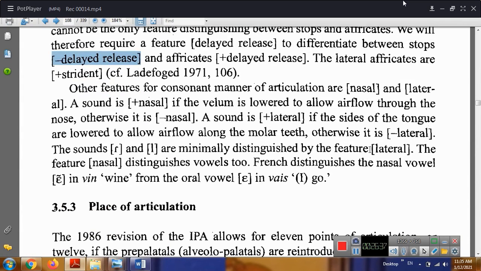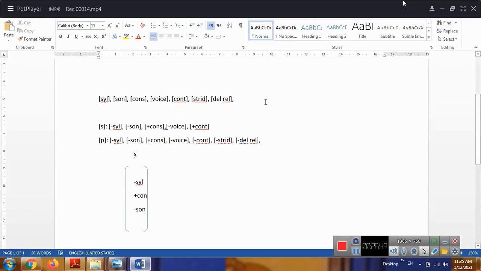Other features for consonant manner of articulation are nasal and lateral, which you are familiar with. This description is according to the manner of articulation. It is very easy, because nasal sounds are common, like me, ne, ng, where the airflow passes through the nasal cavity.